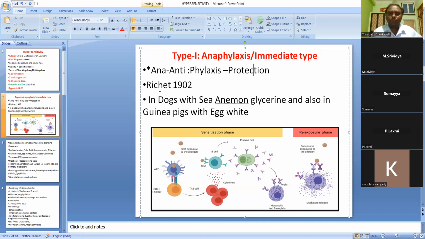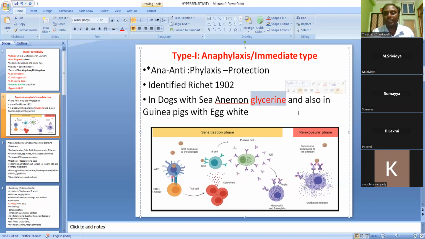It was identified, or described, by Richet in 1902. He conducted some experiments in dogs with a glycerin extracted from sea anemones.